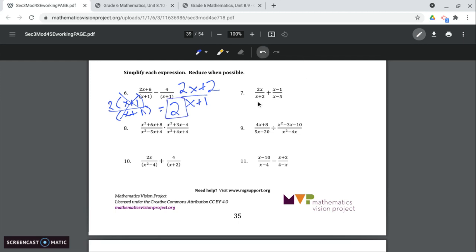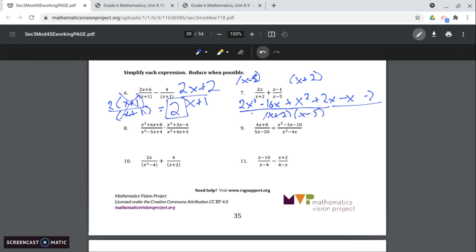Now, in cases where the denominator is not the same, we have to make it the same. So we are going to multiply this one by x minus 5, and this one by x plus 2. So this becomes 2x squared minus 10x plus x squared plus 2x minus x minus 2 all over x plus 2 times x minus 5.